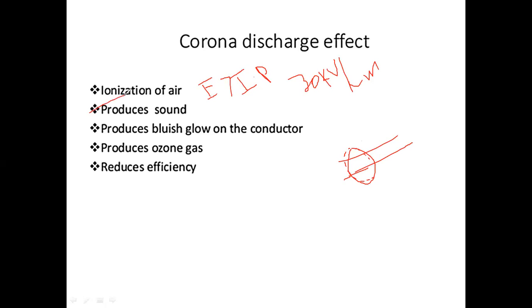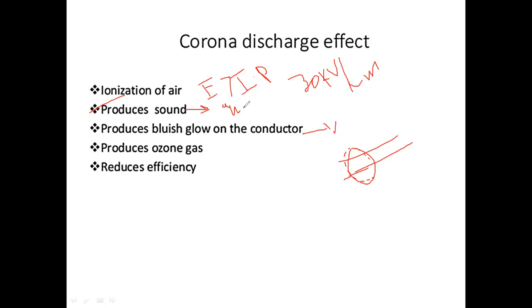So it produces a hissing noise, and we can call it the audible corona. Also, a bluish violet glow appears around the conductor. We call it a visual corona.